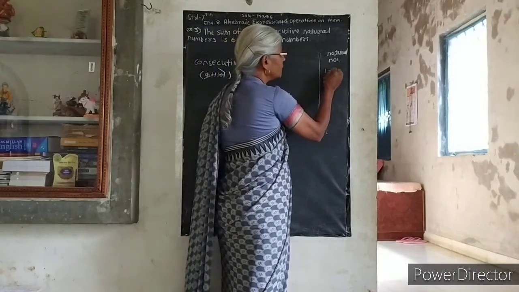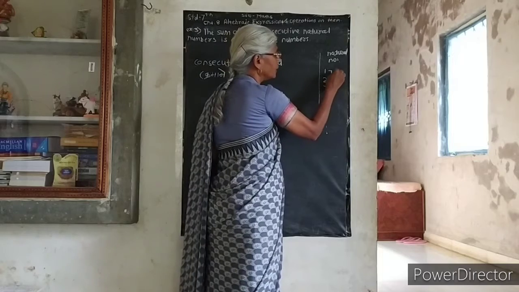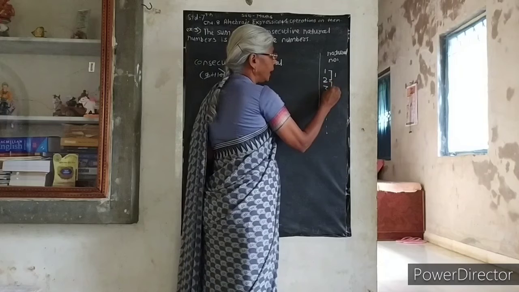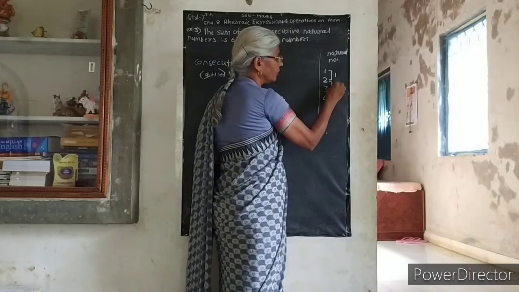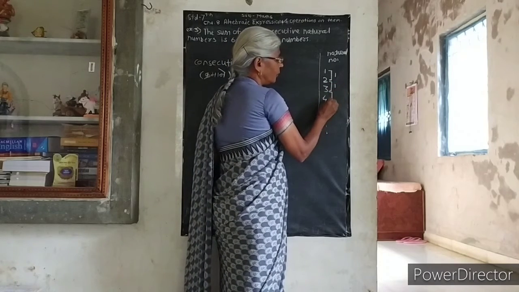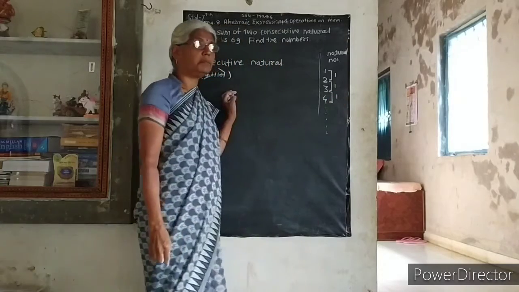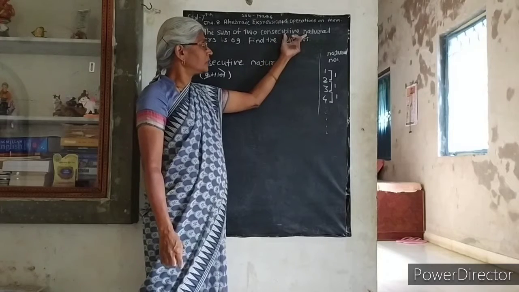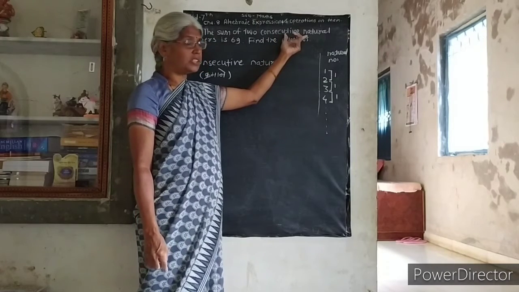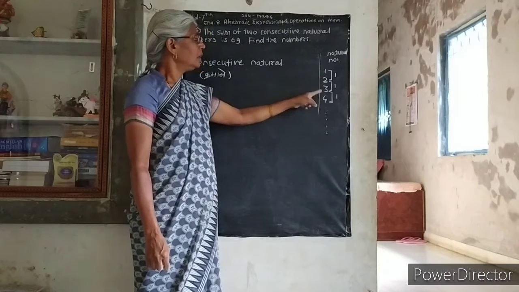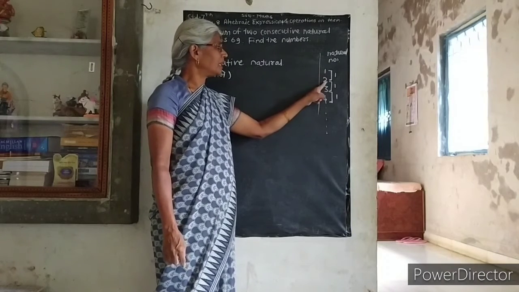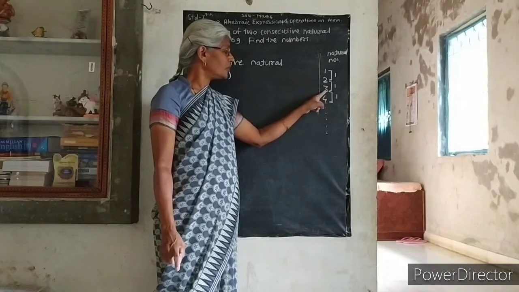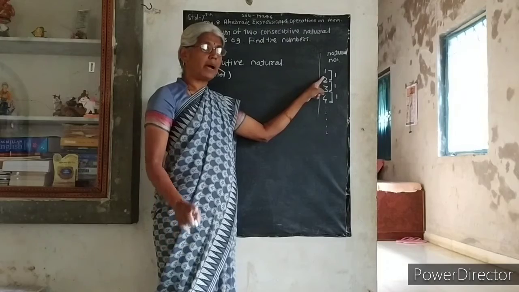Then what is the difference between two consecutive natural numbers? 1 and 2, 1. 2 and 3, the difference is 1. 3 and 4, the difference is 1. The consecutive natural numbers are greater by 1. Each next consecutive number is greater by 1.